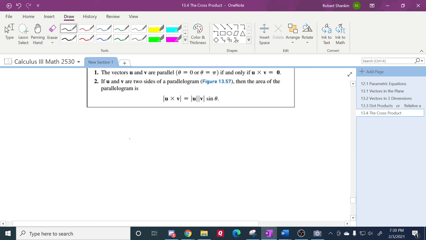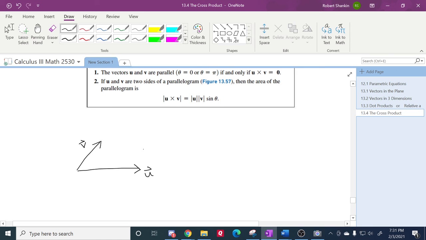So let's see this if we were doing it in two space. It's much easier to visualize in two space. U and V. But the same principles hold in a higher space. Well, in three space for the parallelogram.